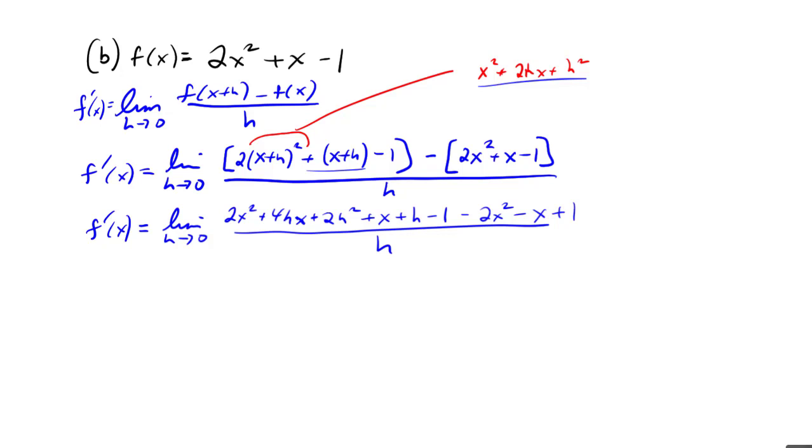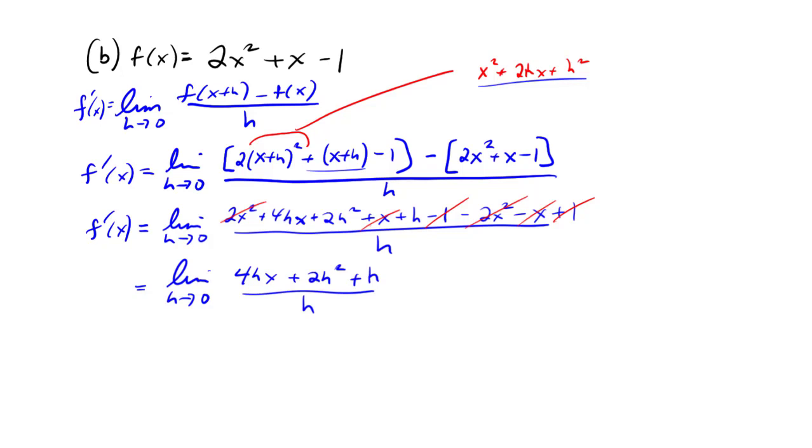Okay, we see a bunch of canceling. 2x squared minus 2x squared, plus x minus x, minus 1 plus 1. So, keep going. See what's left: 4hx plus 2h squared plus h, and that's it, all over h. And notice again, what we're trying to do is, we start out in an indeterminate 0 over 0, so we're trying to get out the thing that's causing the 0 over 0, which is still the h over h.